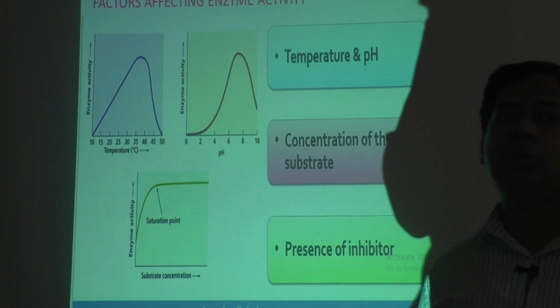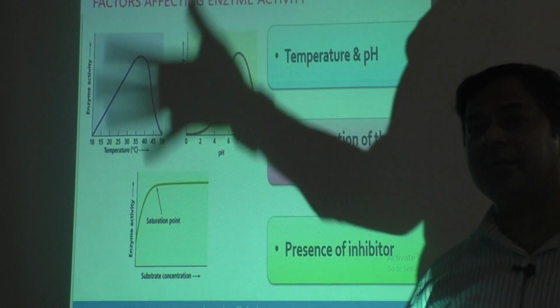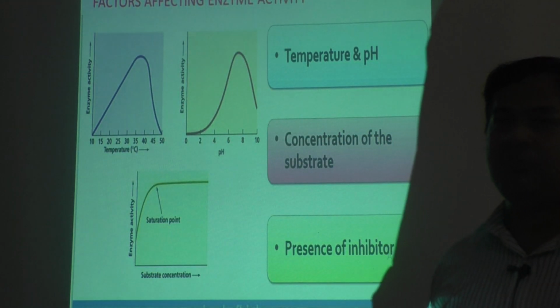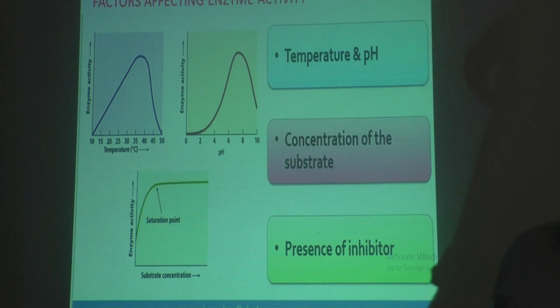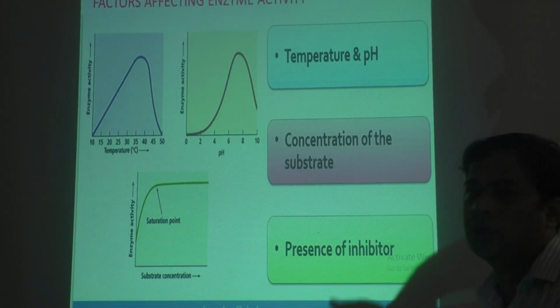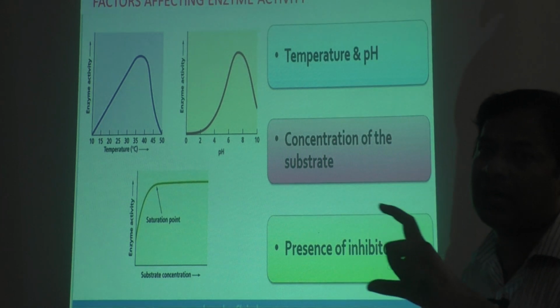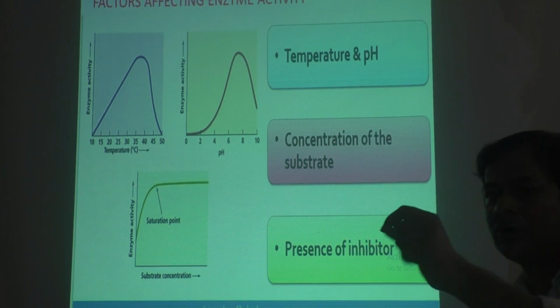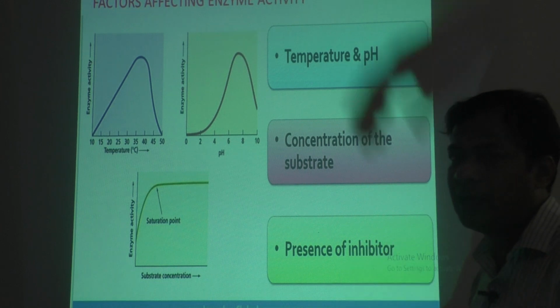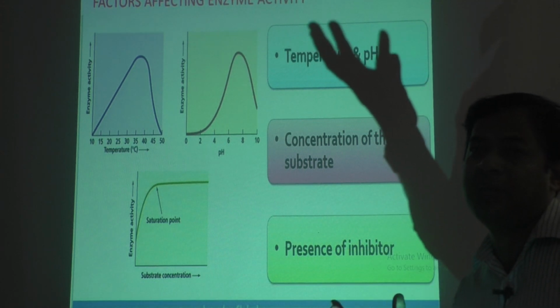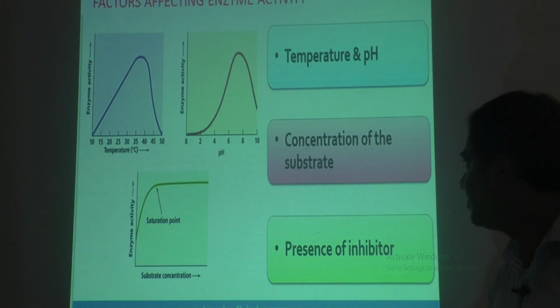Suppose for 500 liters of milk you add 1 drop of the enzyme, then it takes a lot of time, it becomes very slow. But for 1 glass of milk, if you add 1 drop of enzyme, then it will happen very fast, because the concentration of the substrate, that is milk, is different here.